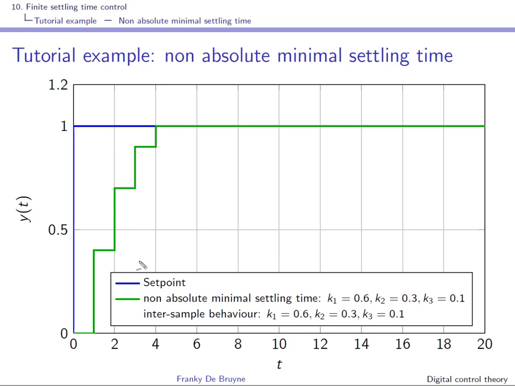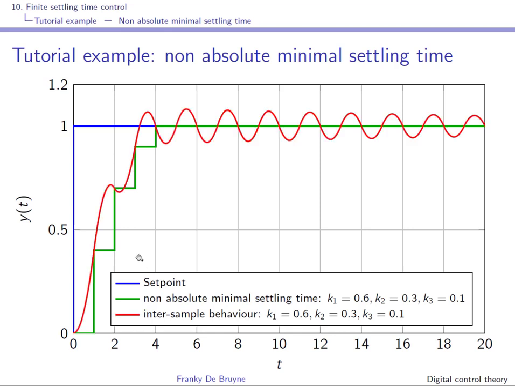Of course, this is the response at the sampling instance, and if we look at the intersample behavior, this is what you see, and again there is this hidden oscillation, and this is because in the denominator of the controller we have this zero of the process that is close to z is equal to -1.